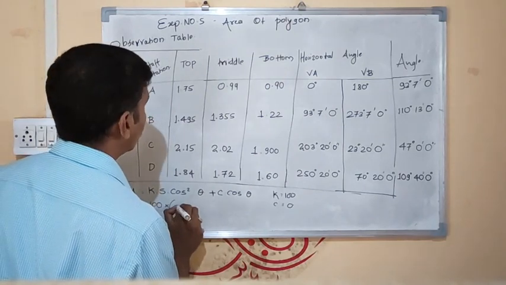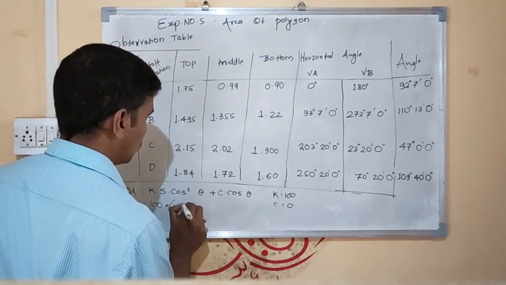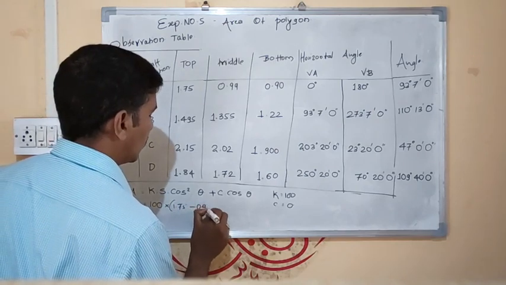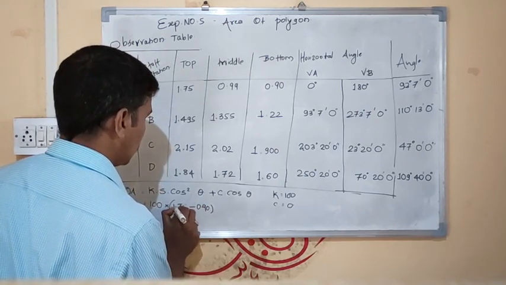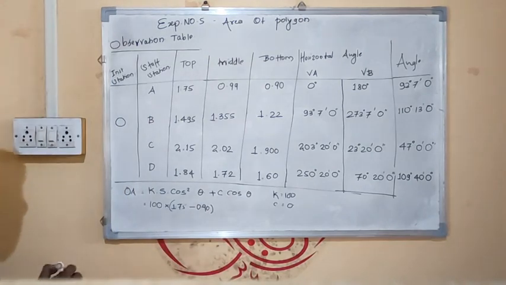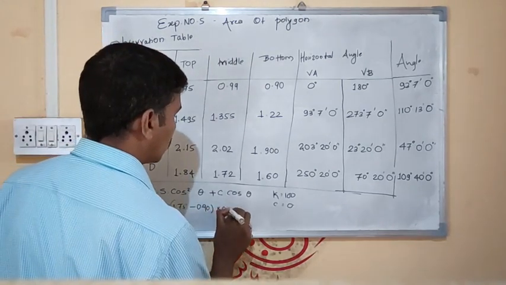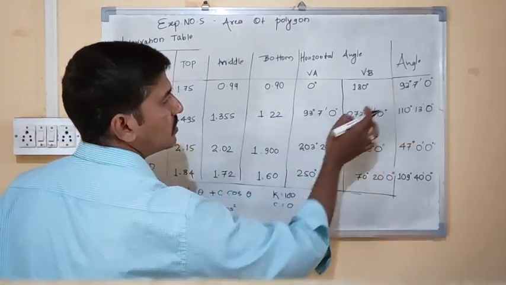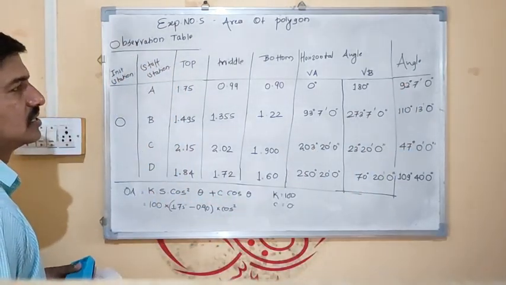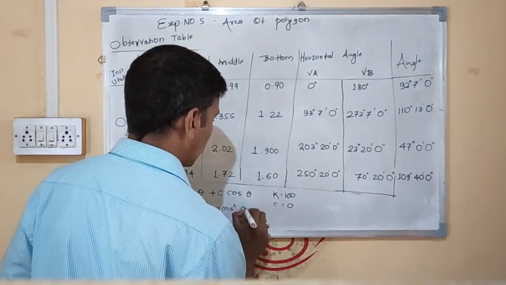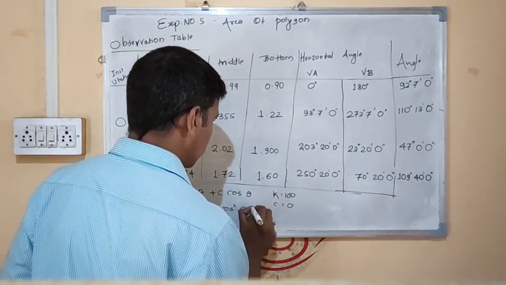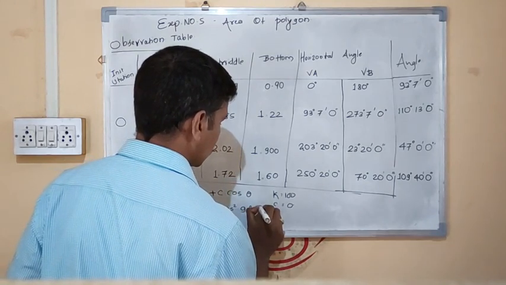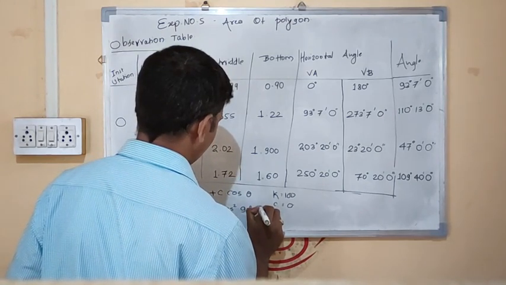So we have to find out this difference: 1.75 minus 0.90, multiplied by cos square of the angle. That angle is 93 degrees 7 minutes. First angle we have to consider. Sorry.